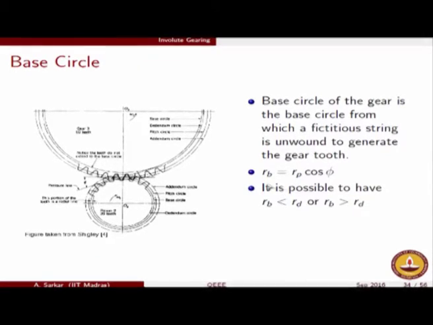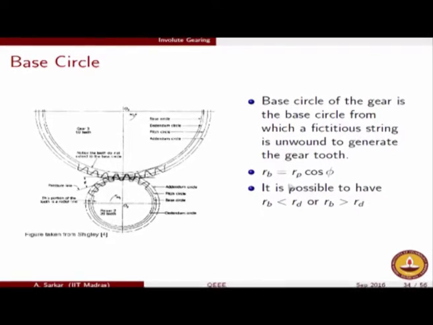All that we know is that the base circle is lesser than the pitch circle radius, because the formula says RB equals RP cos phi. Now phi is definitely not 0, which means cos phi is lesser than 1. Therefore, RB is less than RP, that is known.